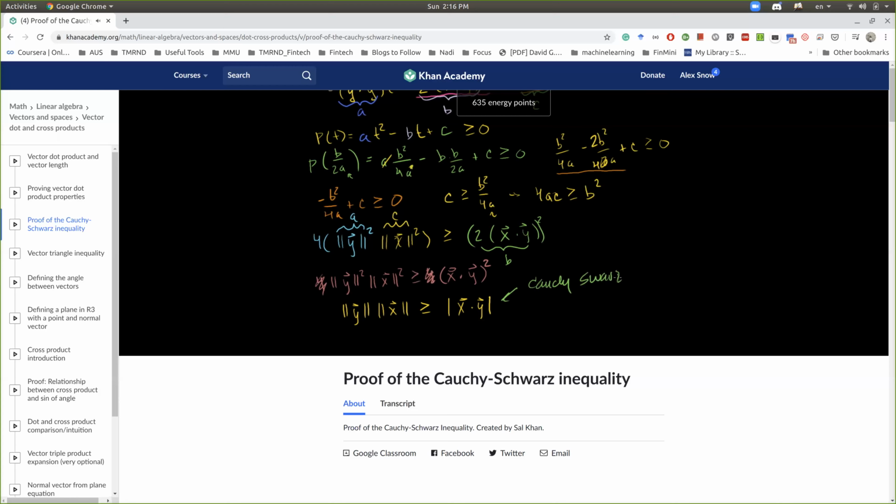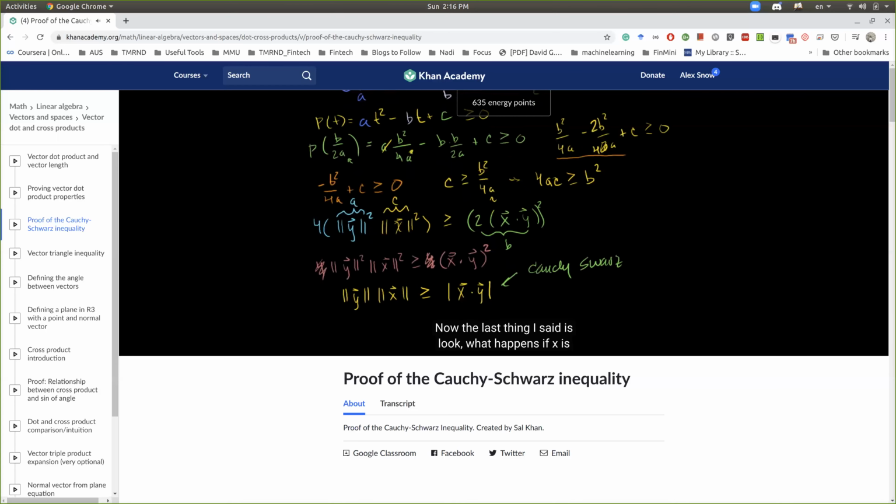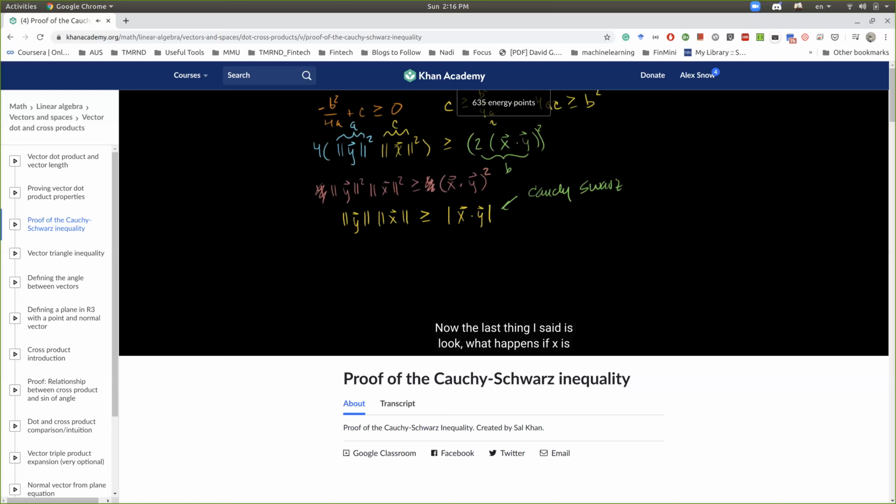Now, the last thing I said is, look, what happens if x is equal to some scalar multiple of y? Well, in that case, what's the absolute value of x dot y? If we make the substitution, that equals the absolute value of c times y dot y, just from the associative property.